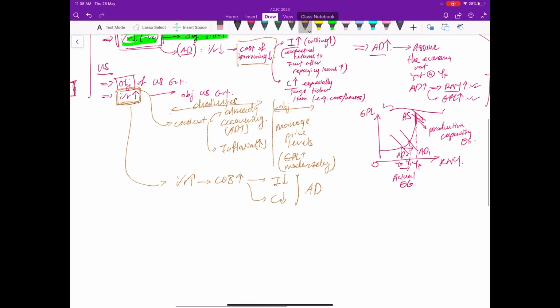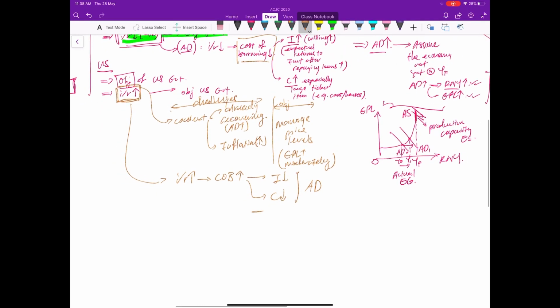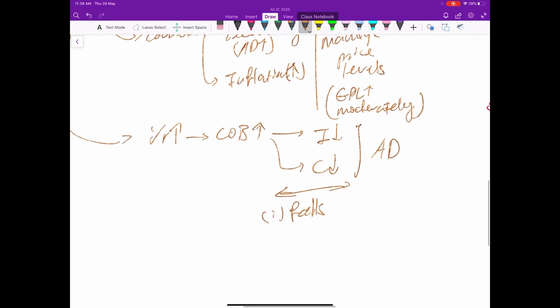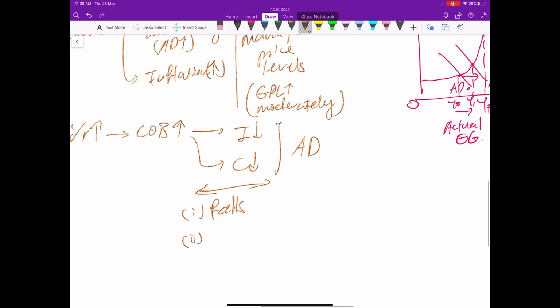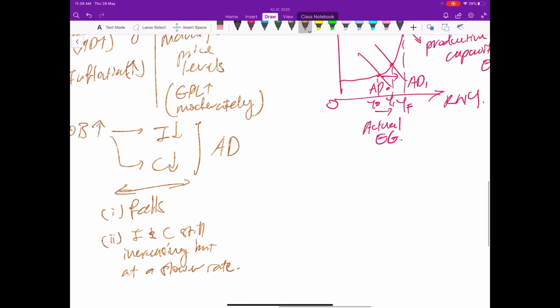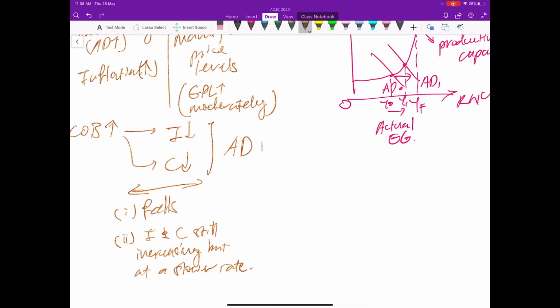So there could be two sets of events. It could be that C and I fall as a result. That's possible. Or if they don't fall, then I and C could still be increasing, but at a slower rate. And if this second case is true, then your AD can still be increasing, but to a smaller extent.